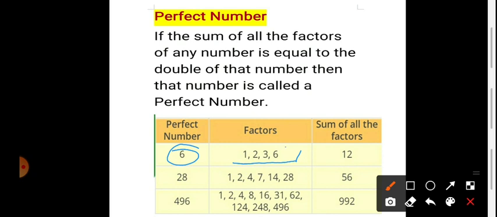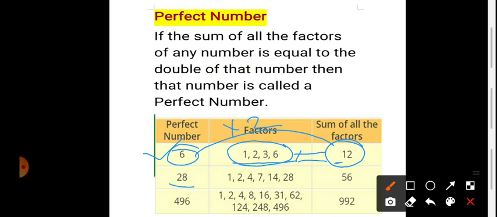If we add all these numbers, that means 1 plus 2 plus 3 plus 6, we will get 12 as a result. Here you can see that 12 is double of 6. So 6 will be considered as a perfect number, right?